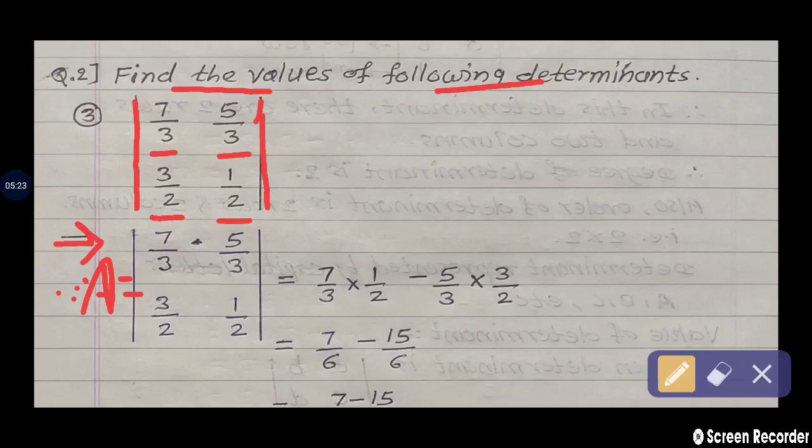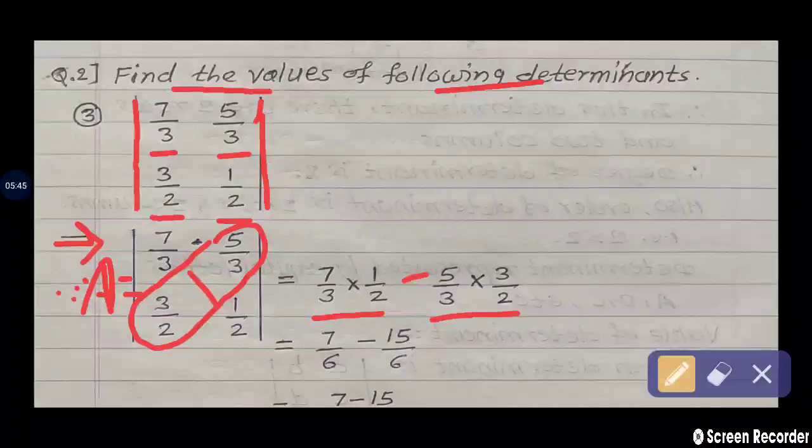So do the cross multiplication. First cross multiplication is 7 upon 3 multiplied by 1 upon 2. Minus, what is the second cross multiplication? 5 upon 3 multiplied by 3 upon 2. Now do the multiplication. How are we multiplying these fractions?